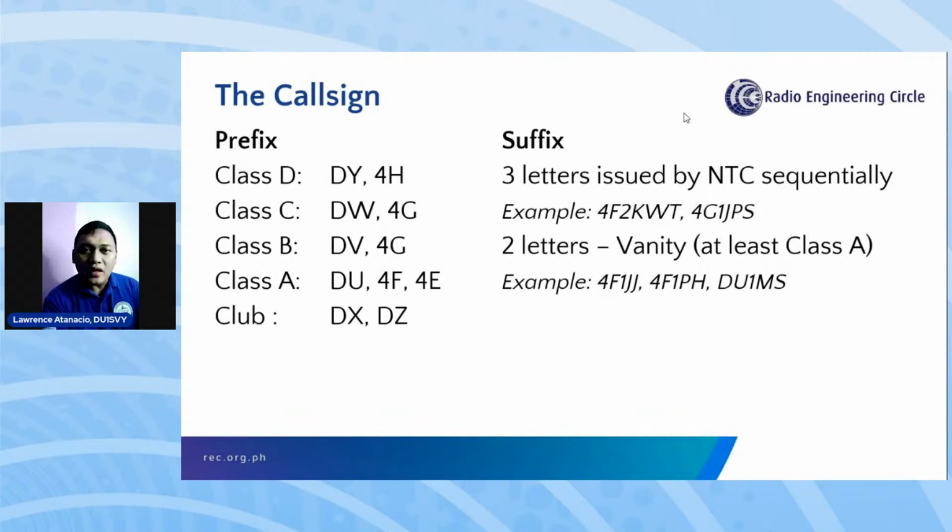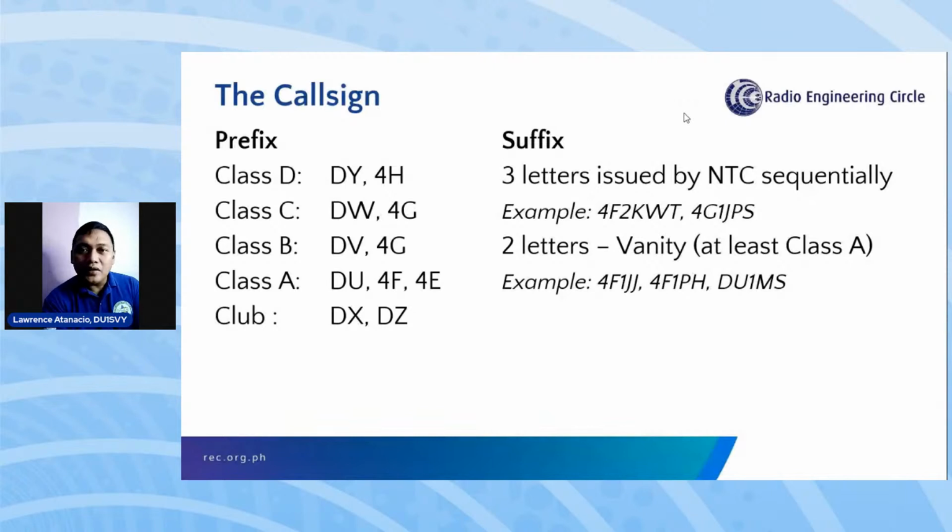No? For Class A, we have DU and sa old prefix DU and 4F, and yung bago nating call sign prefix is 4E or 4 Echo. Then sa club, ang club kasi meron ding mga call signs. They have also a club station call sign. Ang kanilang prefix naman pong pwede gamitin is Delta X-ray or Delta Zulu, DX or DZ.